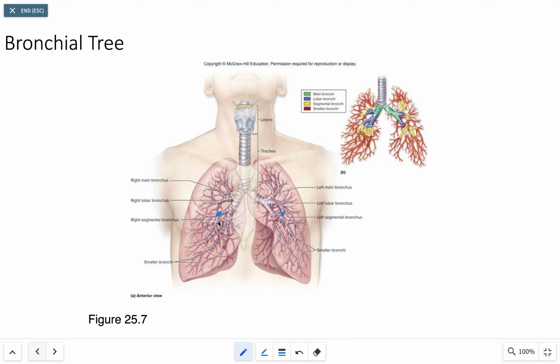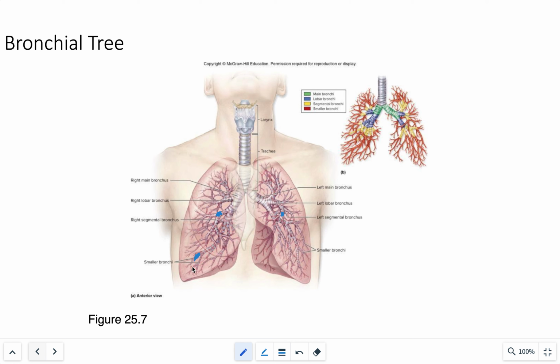They still produce the mucins that can eventually be coughed out through sputum. These are going to continue to go into smaller segments. As we're coming down, we're going into smaller bronchi. These are eventually going to be going into what we can call bronchioles.